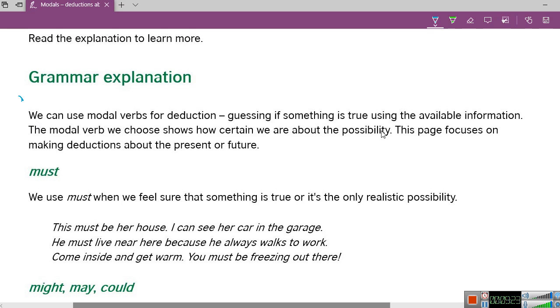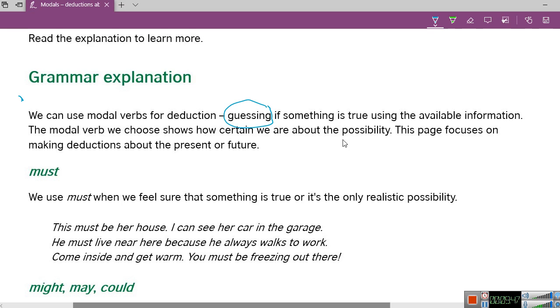So the grammar explanation goes like this. We can use modal verbs for deduction, guessing if something is true, using the available information. The modal verbs we choose show how certain we are about the possibility. This page focuses on making a deduction about the present or future.